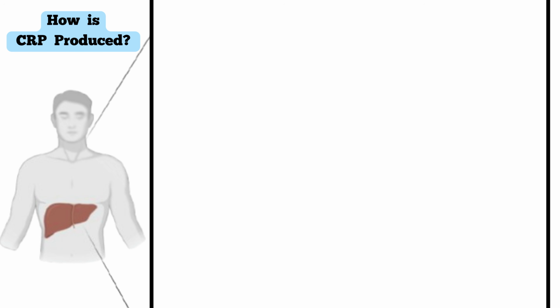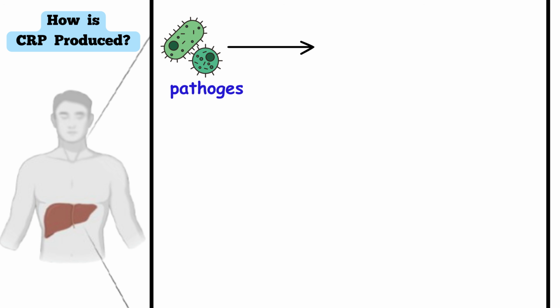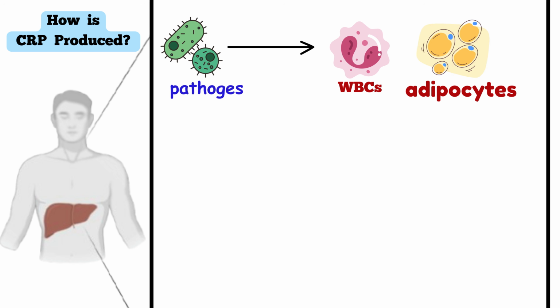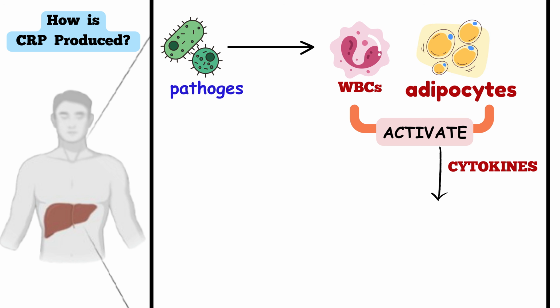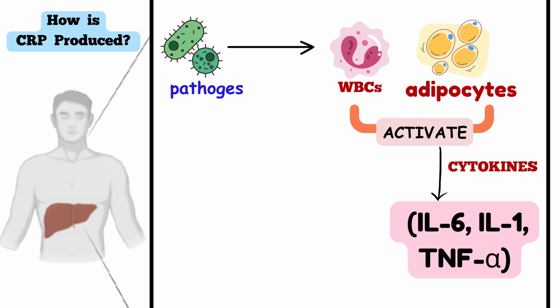So, whenever there is tissue damage or any pathogens enter our body, our immune system gets activated and certain immune cells like macrophages, WBC, adipocytes get activated and they release special chemical messengers called cytokines, especially interleukin 6.